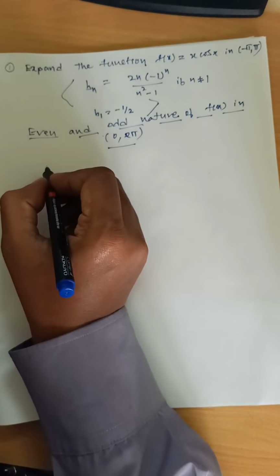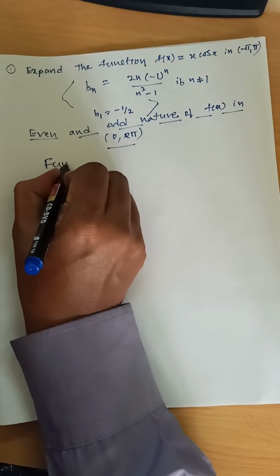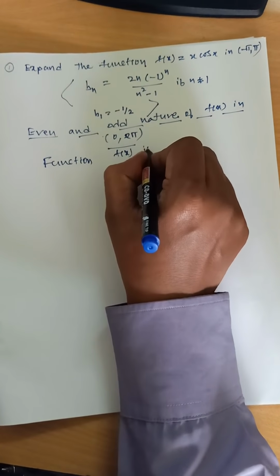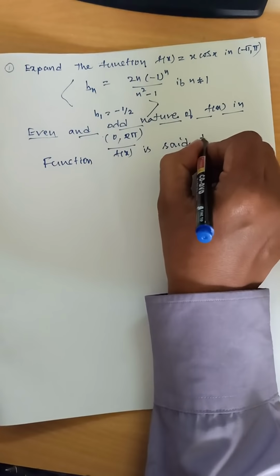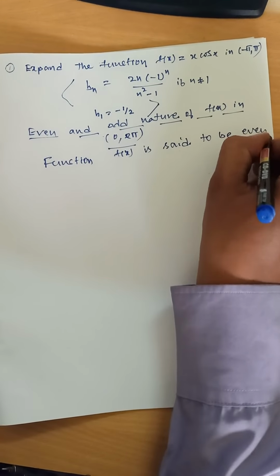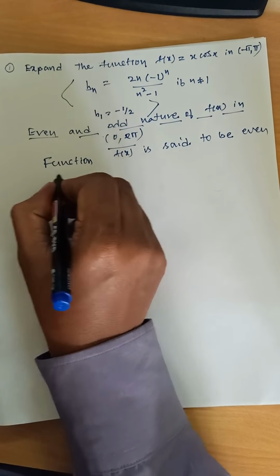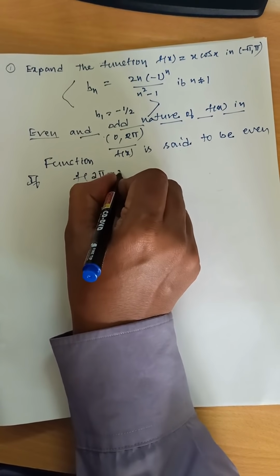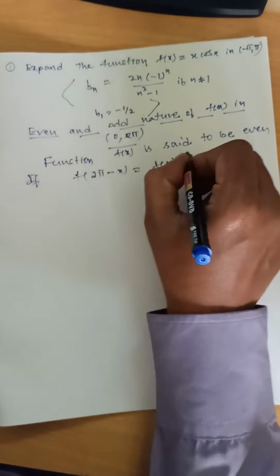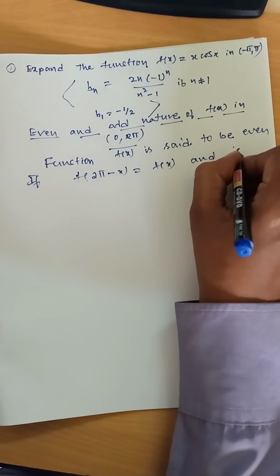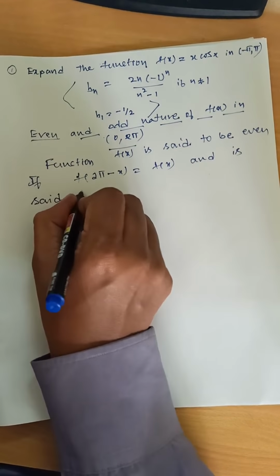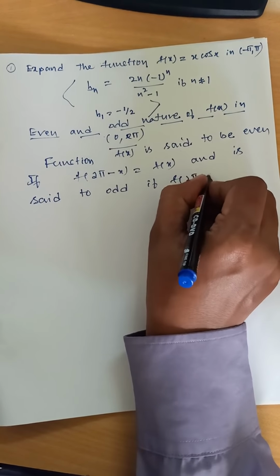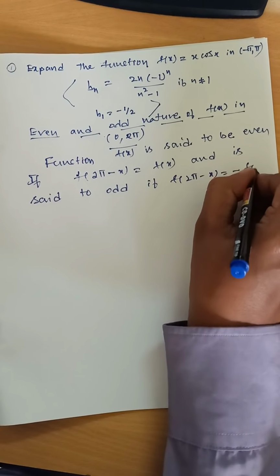Here also we have the condition: the function f of x is said to be even if the condition f of 2 pi minus x is equal to f of x, and is said to be odd if f of 2 pi minus x is equal to minus f of x.